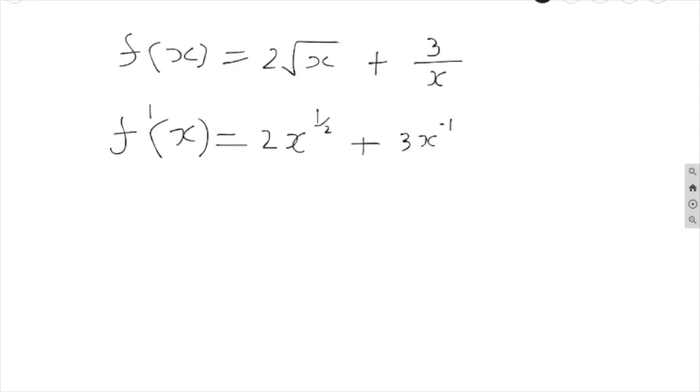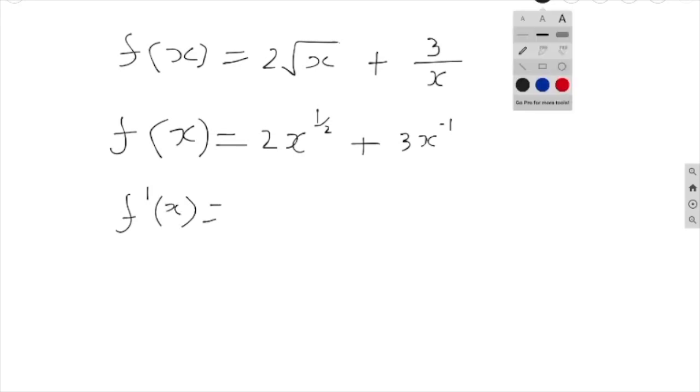Now that we're in index notation, okay, this is strictly not true. F of x is still that. Now that we have index notation, we can form f prime of x is equal to, and we'll use the same rule as before, the power rule. We'll take the 1/2, multiply the 2, and we'll take the minus 1 here, and multiply the 3. So that gives us 1/2 times 2 is 1 times x.